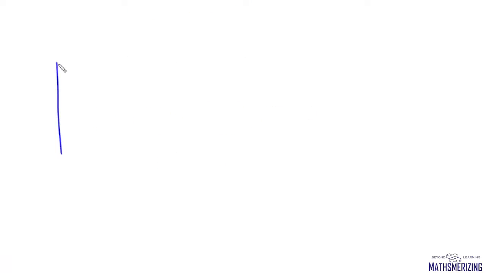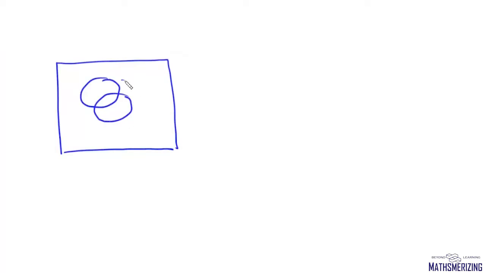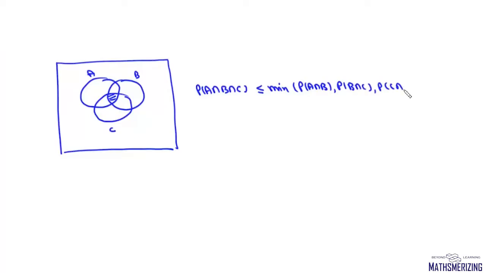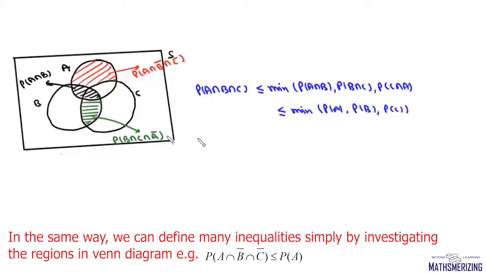Suppose we have 3 events A, B and C. Now this probability, which is probability of A intersection B intersection C, will always be less than or equal to minimum of probability of A intersection B, probability of B intersection C, and probability of C intersection A, and which is less than or equal to minimum of probability of A, probability of B, and probability of C.